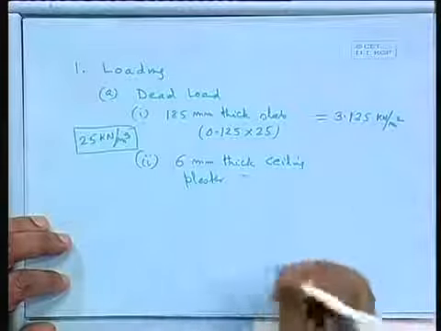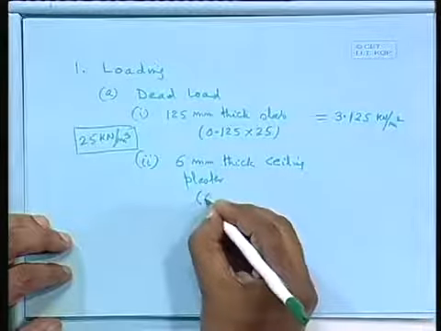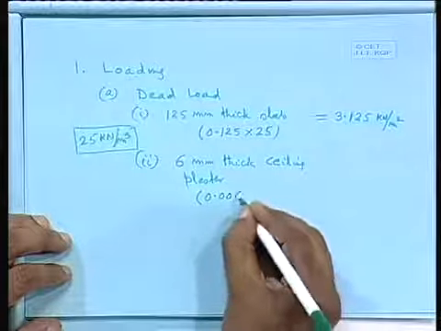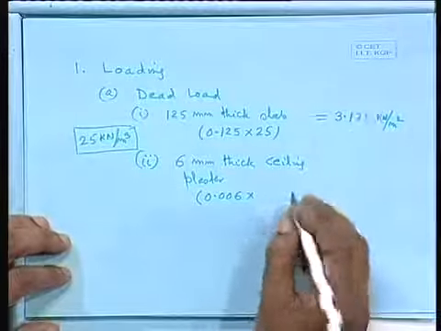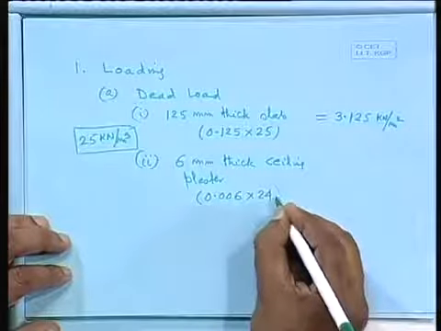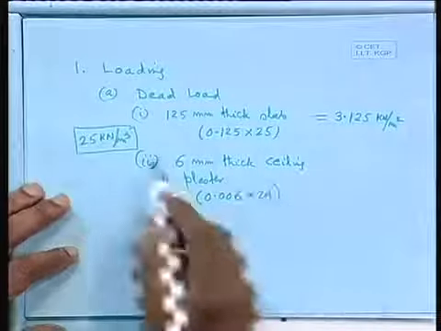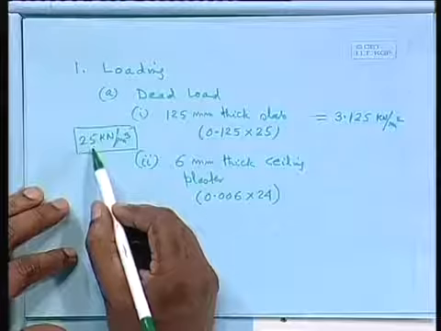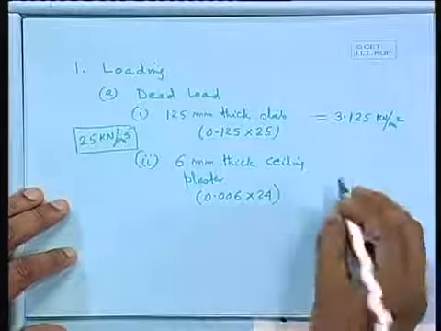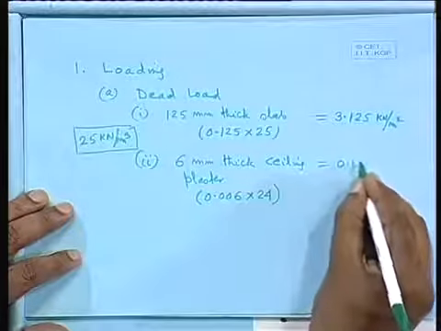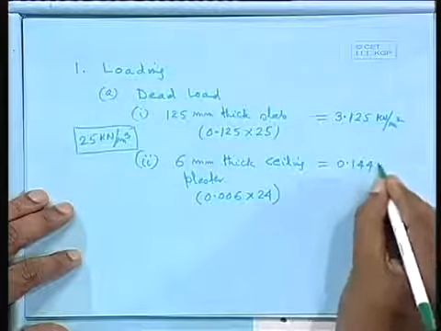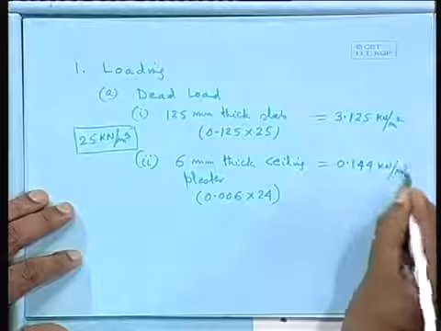So, what you can see from the bottom, that we are providing the 6 millimeter thick ceiling plaster, and that will be 0.006 times, here we shall not take 25, instead we shall take 24, because that one is RCC reinforced, and here it is plain. So, plaster, which comes as 0.144 kilonewton per square meter.